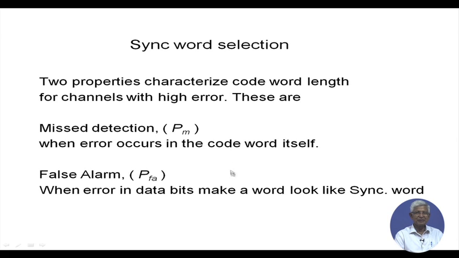These two have to be seen carefully. Misdetection is when there is an error in the sync word itself, so you miss the detection, and the other is when there is an error in the data area which makes it look like sync. Generally, sync words are selected such that a similar pattern does not appear in the data area.